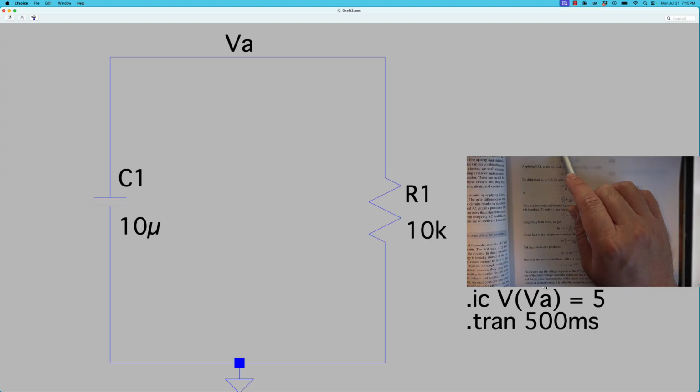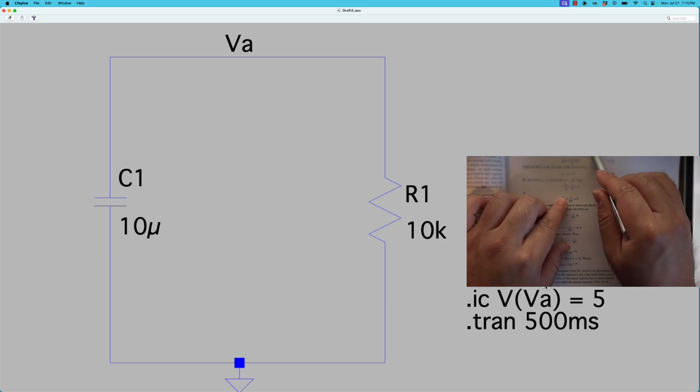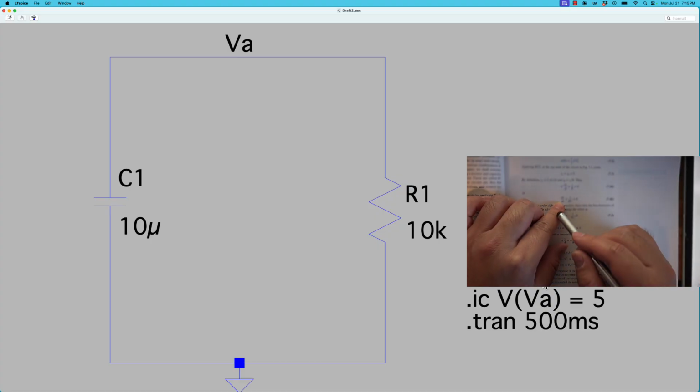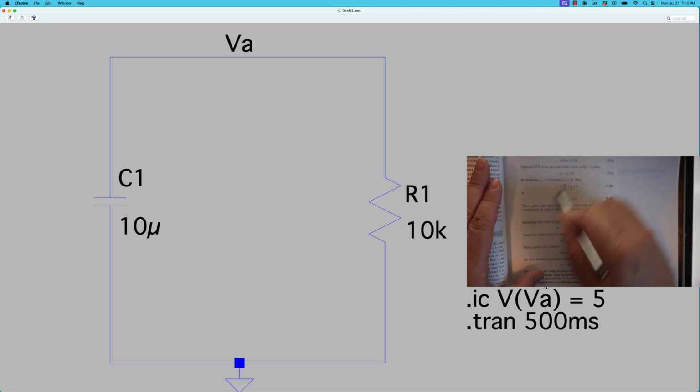But you have V of 0, the initial condition, equals V sub 0, and then you derive the equations for voltage and current through a capacitor, which is C times dV over dt, which is the change in voltage. Don't let that scare you. Remember, anytime you see dV over dt or di over dt, it's the change in voltage, or the change in current. So again, don't let it scare you. It's just the change in voltage or the change in current.